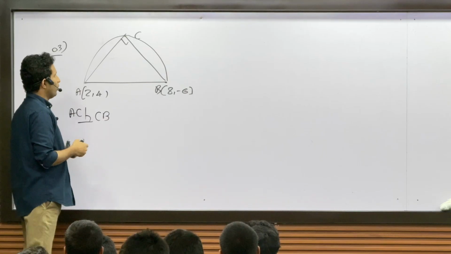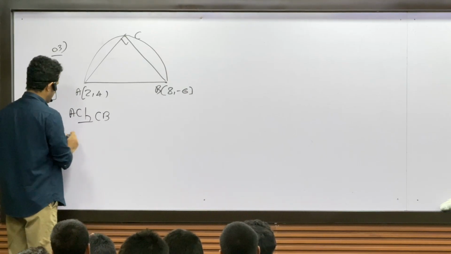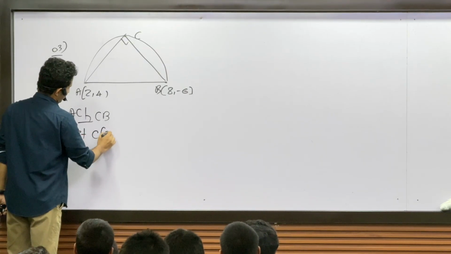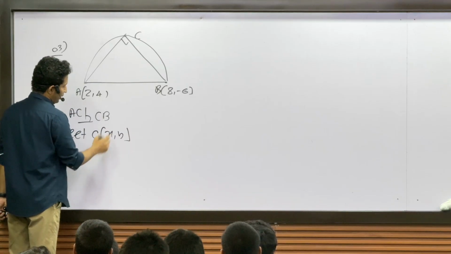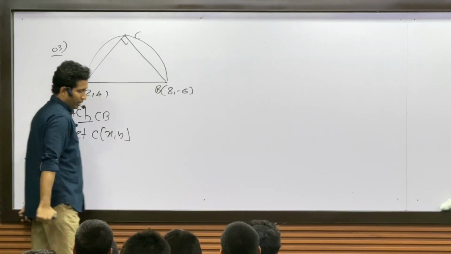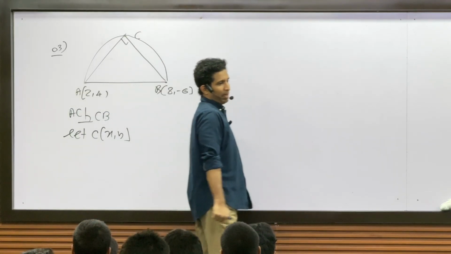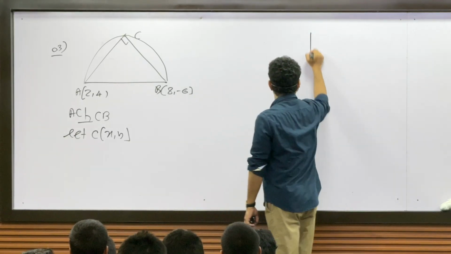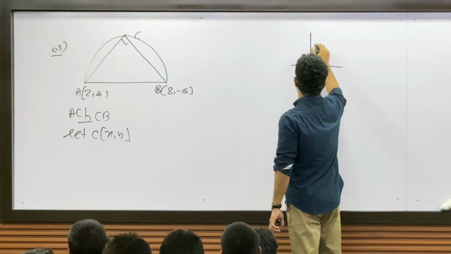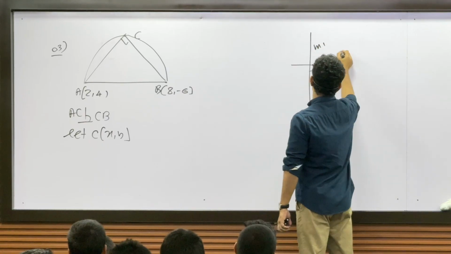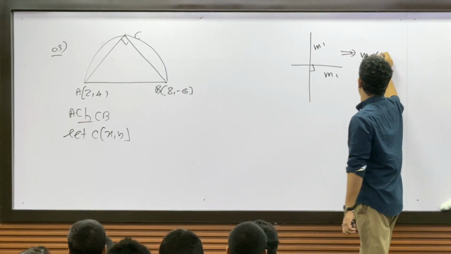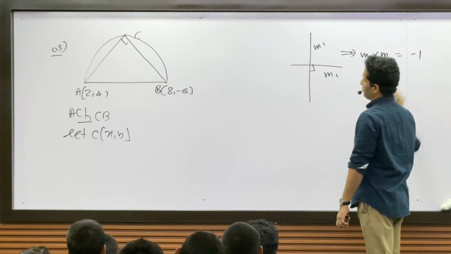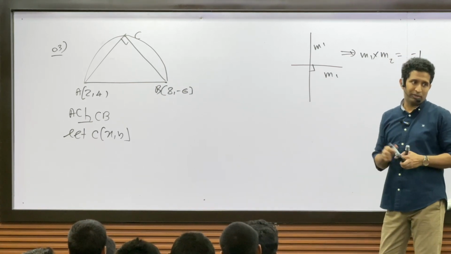When they ask to find the locus of C, you can say it like this. Let C be (x, y), because we need to find the relationship between x and y. You know that if two straight lines are perpendicular to each other, and the gradients are m1 and m2, then m1 times m2 should equal minus 1. These are basic theorems.